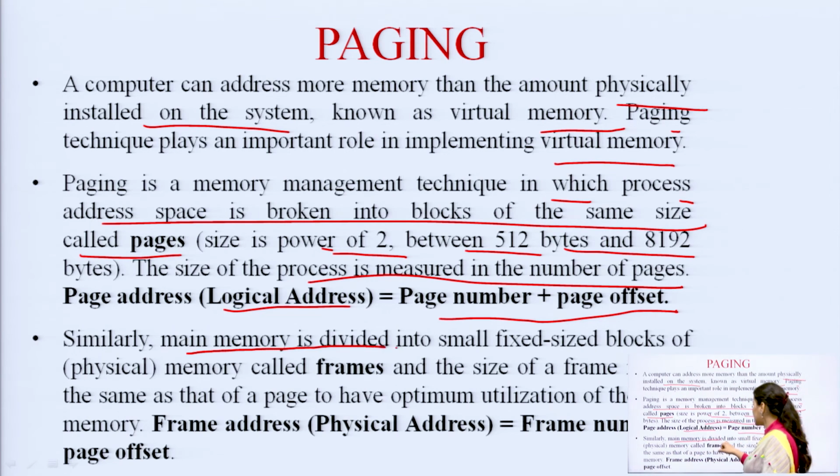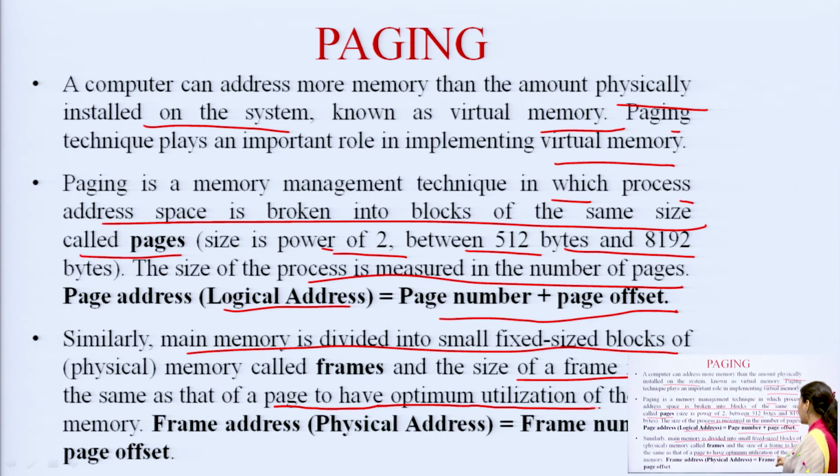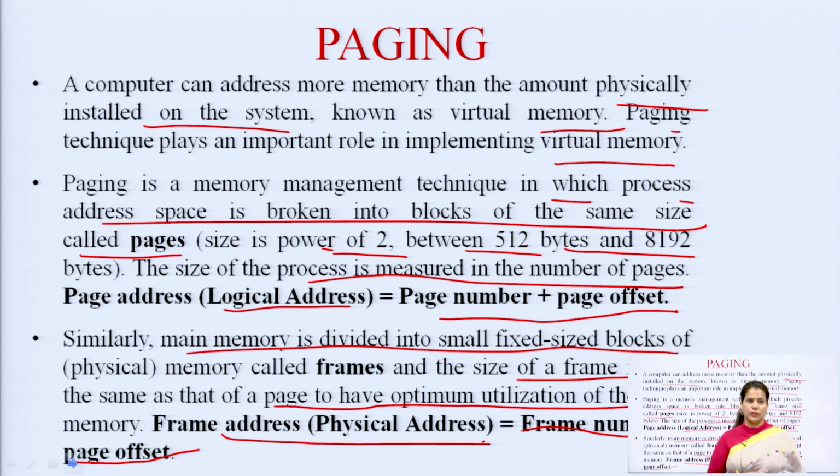Similarly, the main memory is divided into small fixed-size blocks called frames, and the size of the frame is kept the same as that of the page to have optimum utilization of the main memory. The page address was the logical address and the frame address is the physical address, which is equal to the frame number plus the page offset.